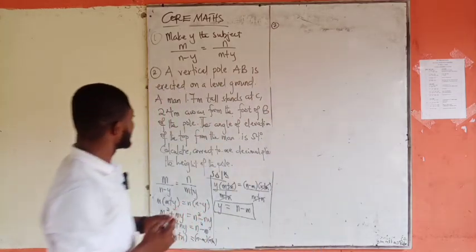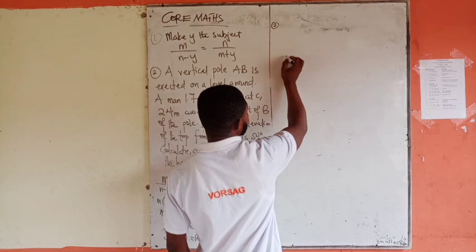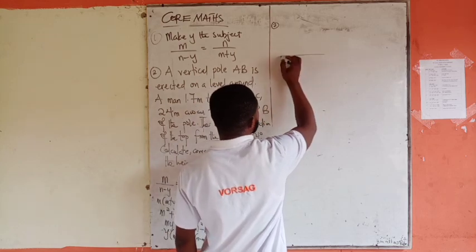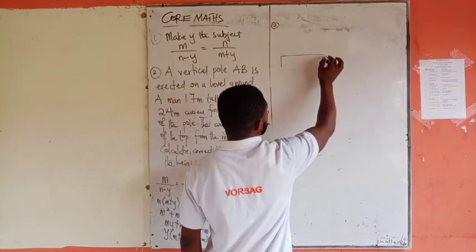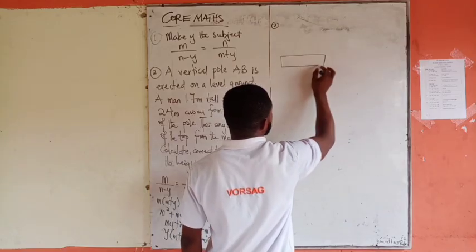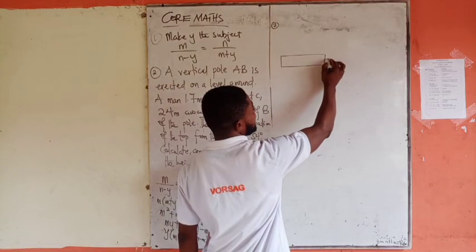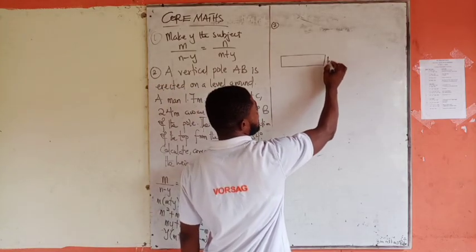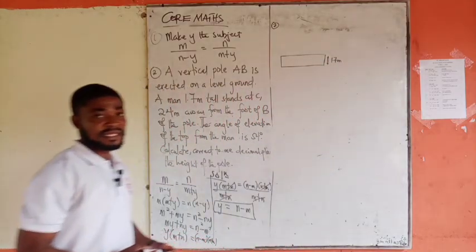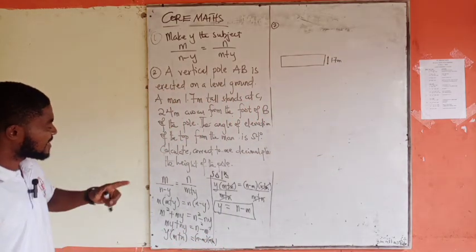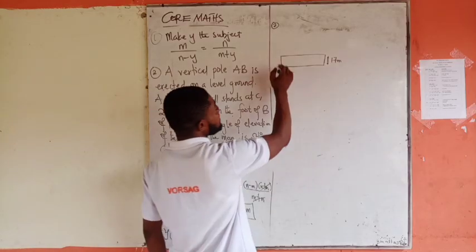They said a man is standing 24 meters away from B. This is the height of the man, 1.7 meters.